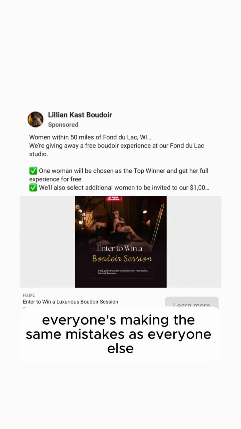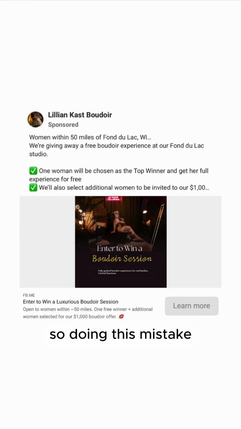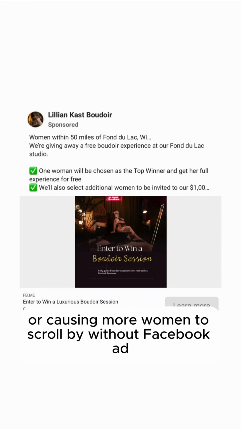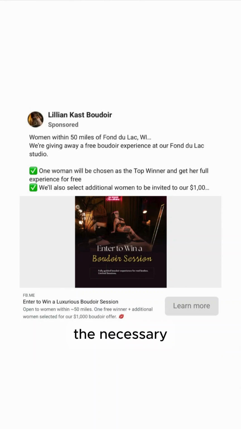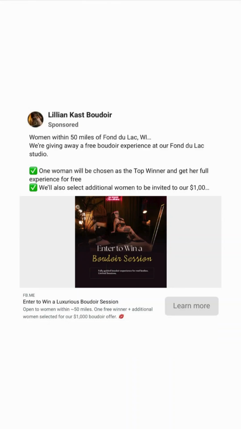It's because everyone's making the same mistakes as everyone else. So, doing this mistake, we're causing more women to scroll by our Boudoir Facebook ad than necessary, pulling our unique CTR all under 6%, increasing our probability of BLCS, Boudoir low click syndrome.